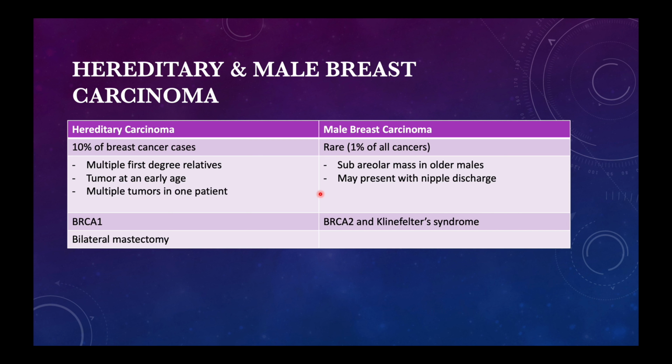Okay. We may be considering either male breast carcinoma or gynecomastia. And we will have to distinguish between them using the history. However, if the patient says in his history, oh, I have Klinefelter's or I have BRCA2, then we're going to think, okay, maybe it's more likely something associated with this.